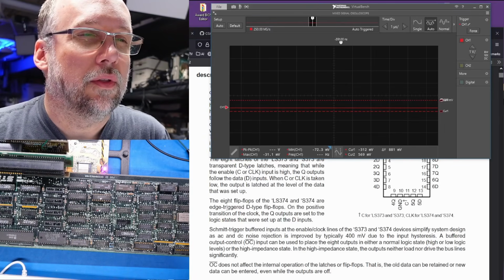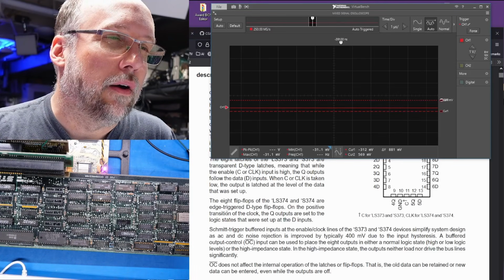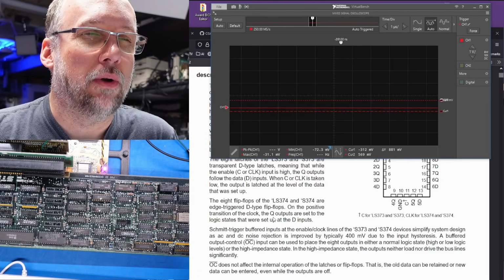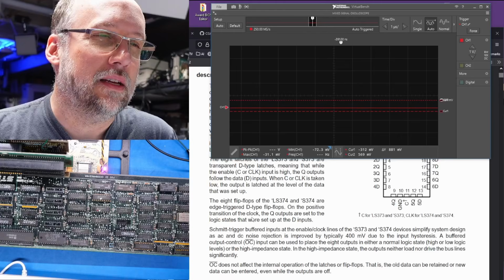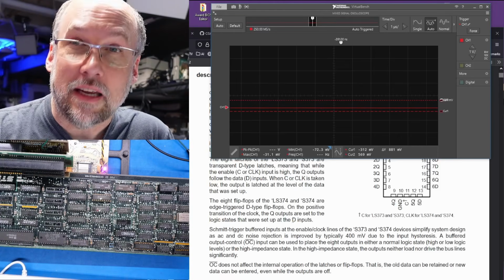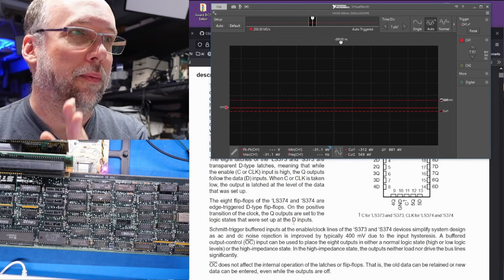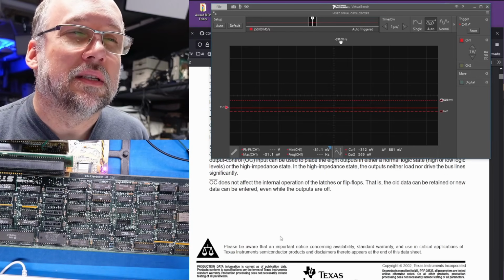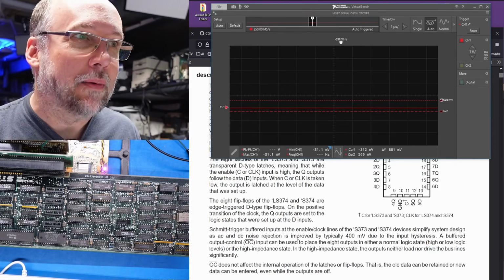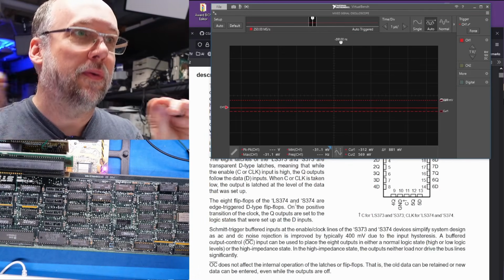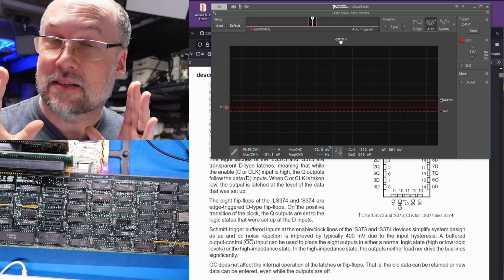So it says here, the 8 flip-flops are edge-triggered D-type flip-flops. On the positive transition of the clock, the Q outputs are set to the logic states that were set up at the D input. So it just copies what's on D to the output, and then the output just stays there. It doesn't really say what Q0 means, but I'm going to have to infer that it just keeps outputting whatever Q was last set to.